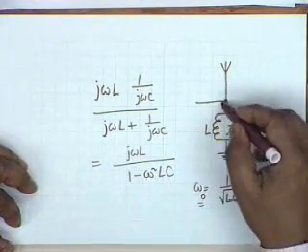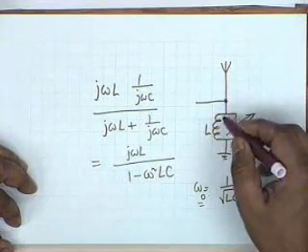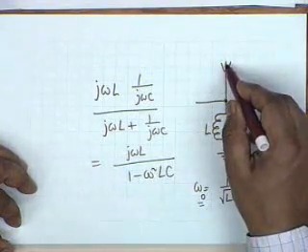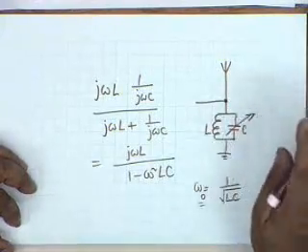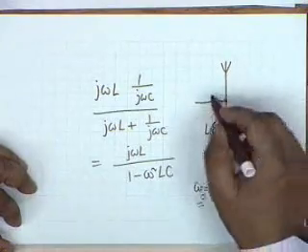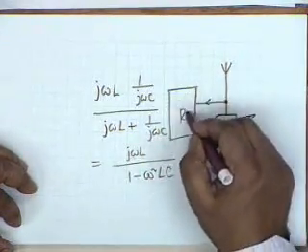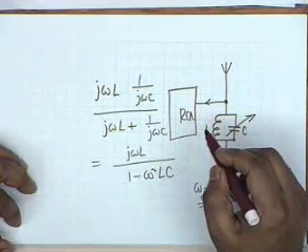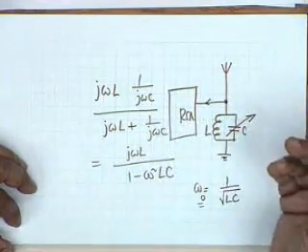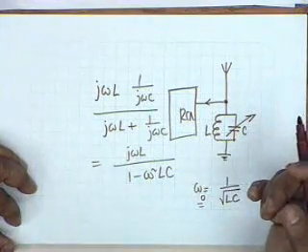All other frequencies find an easy path to ground, and therefore the current that is picked up, well, you can consider this to be infinity, no problem. The current that is picked up at this frequency cannot pass to ground, it must pass to the receiver. All right. This is the simple tuning circuit of a radio.